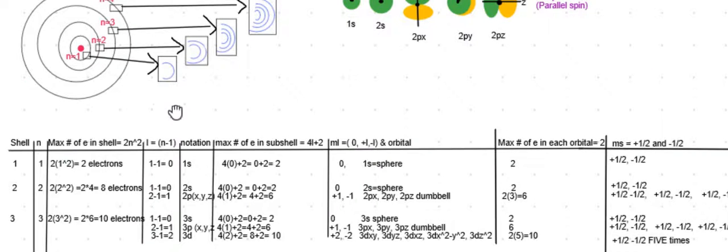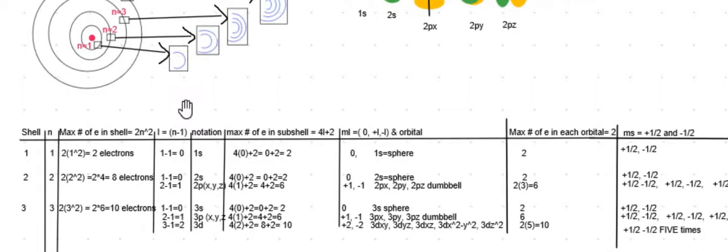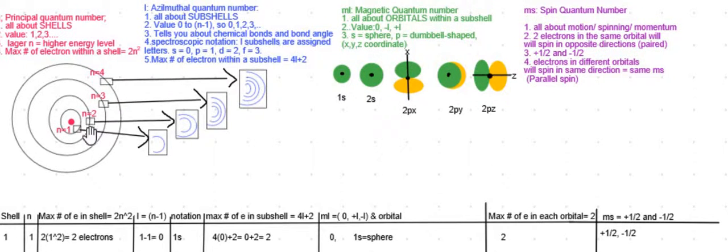Now let's look at this table. So these are more examples. Let's do shell 1 and 2. For shell 1, when n is equal to 1, L is n minus 1, so if n is 1, L will be 0, right?